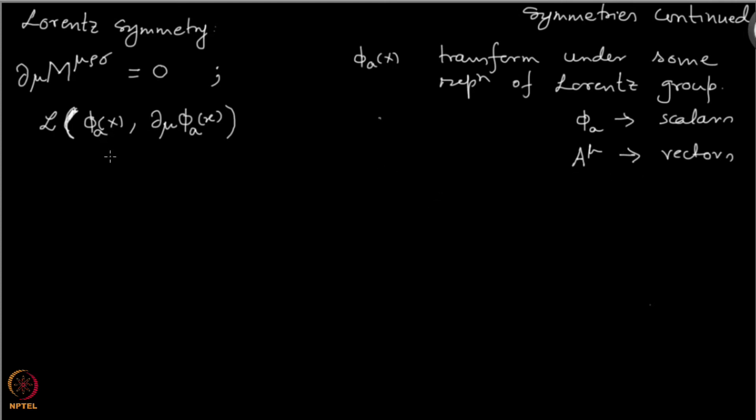That's what the φ_A's are, and so I should specify the transformation property of the φ's. If you have a particular representation, then the transformation property is already specified. So let's say the fields φ_A transform like this.